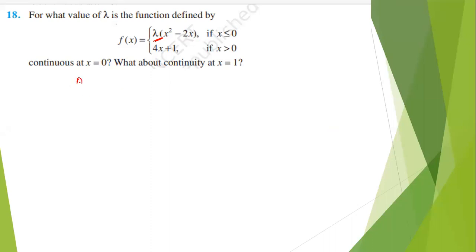So if you see at x equal to 0, what is the value of the function? What will be f of 0? It will be lambda into 0 square minus 2 into 0. That will be nothing but 0, correct? Yes. So what will be the right hand limit?